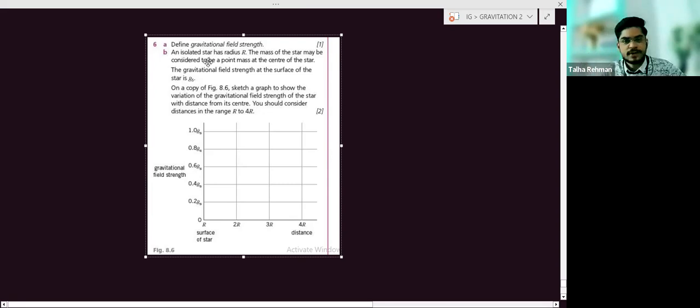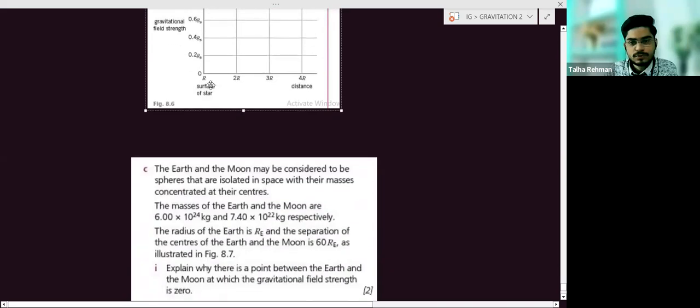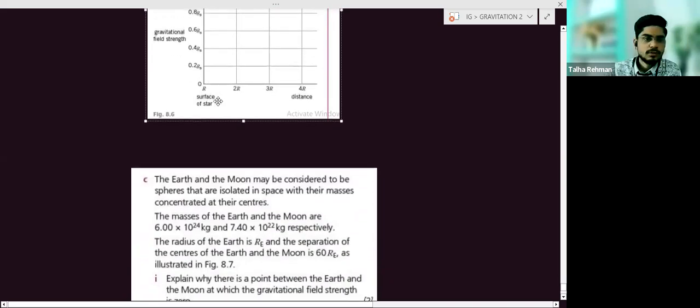Second, an isolated star has a radius r and mass of the star may be considered to be a point mass at the center of the star. The gravitational field strength at the surface of the star is Gs. For example, suppose this is the star.